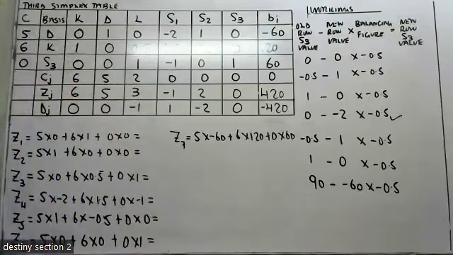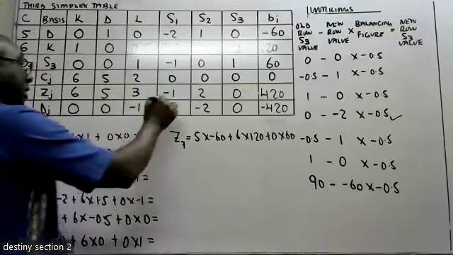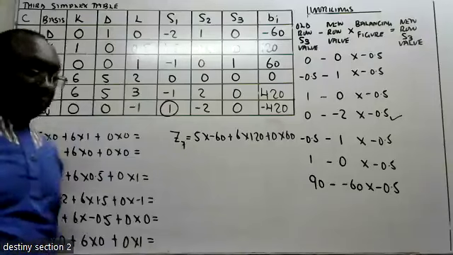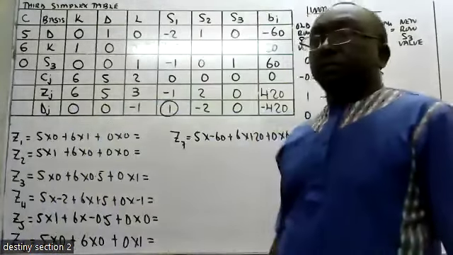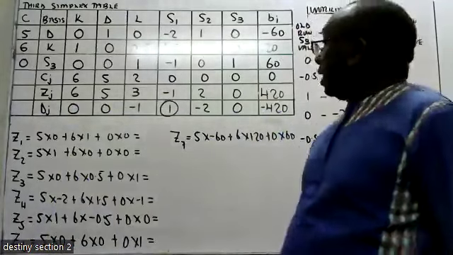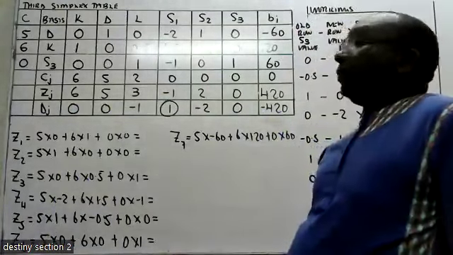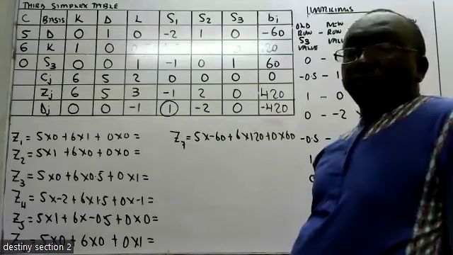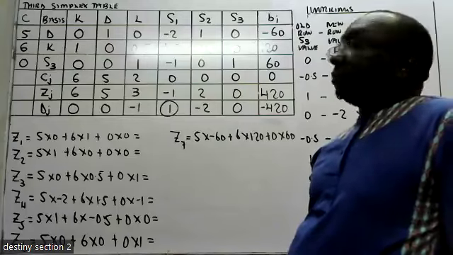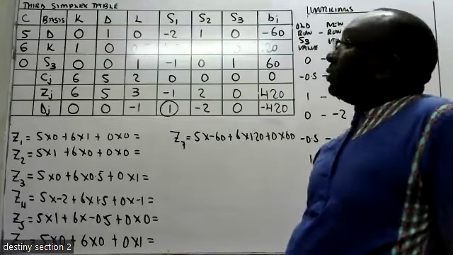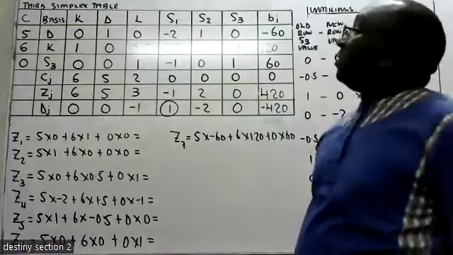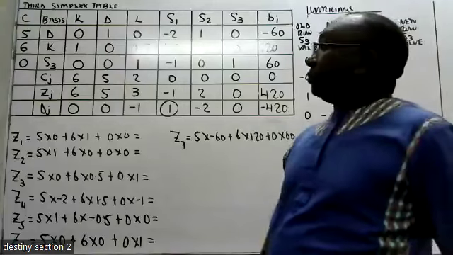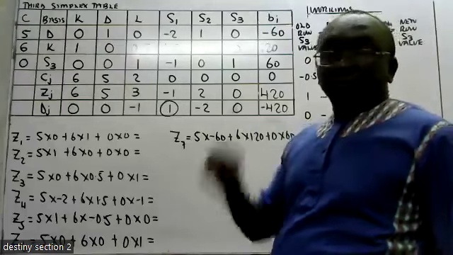So we are not yet done, because you can see there is another one here that is positive. So we are supposed to go through the same procedure. We do a fourth table.